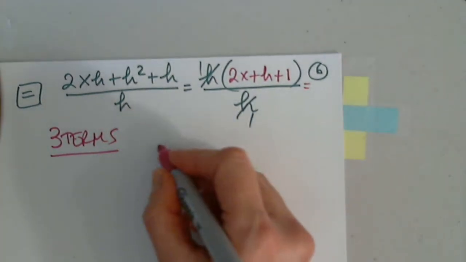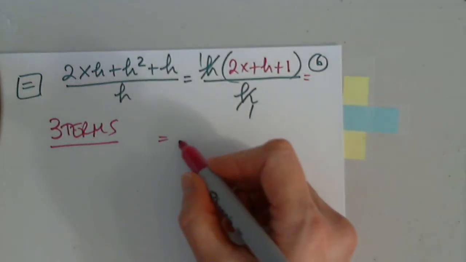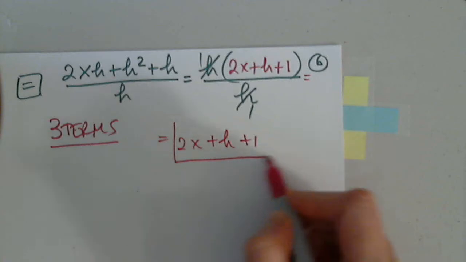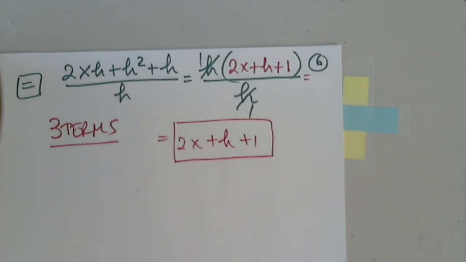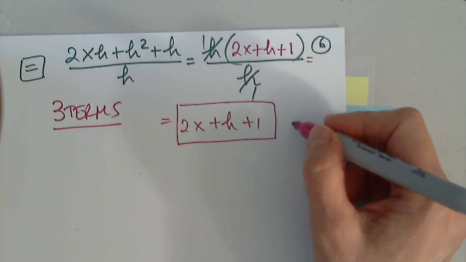So then the final simplified form, again, can anyone? Rita, would you like to give us? 2x plus h plus 1. Good. What does this represent? The difference quotient. Excellent.